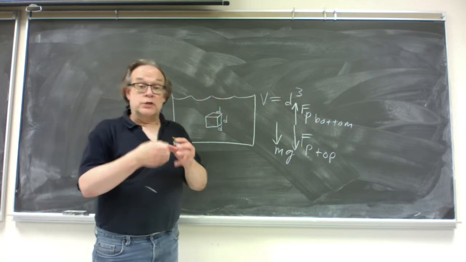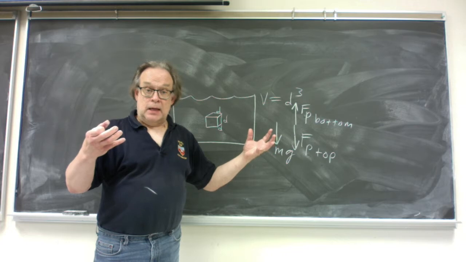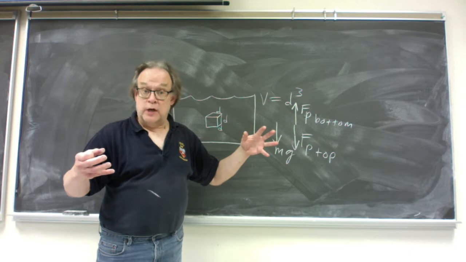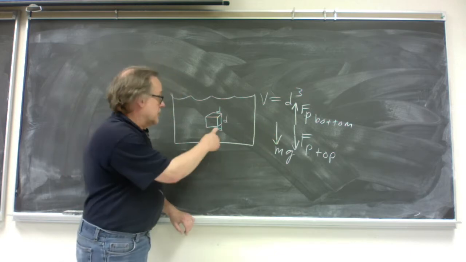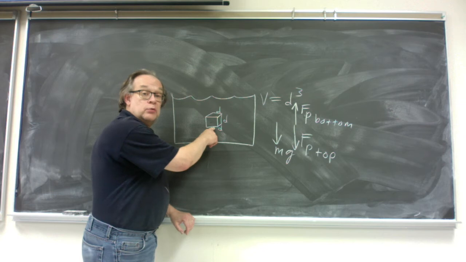The molecules in a fluid are bouncing around in all directions, and as a result, there's pressure from the fluid pushing in all directions. But sometimes the fluid molecules might collide with the bottom of this cube, and then they rebound.